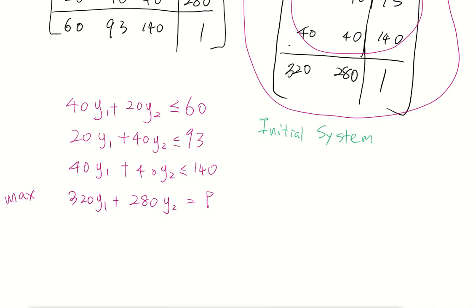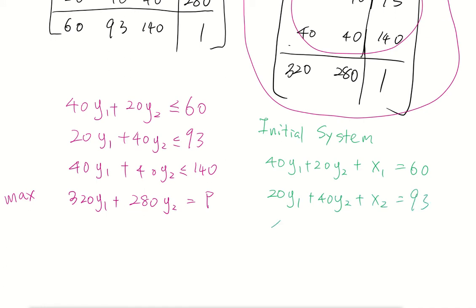Now let's translate this into the initial system. 40y1 plus 20y2 plus the slack variable, we'll call it x1, equals 60. The second one is 20y1 plus 40y2, adding the second slack variable x2 equals 93.